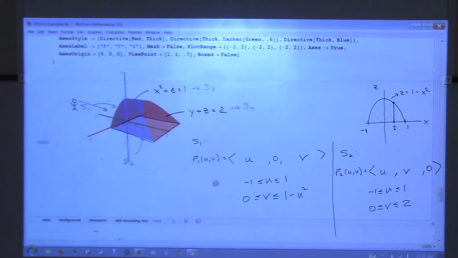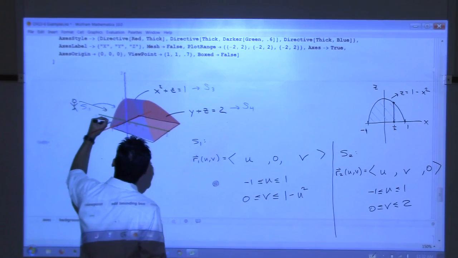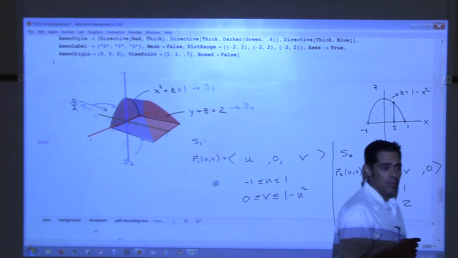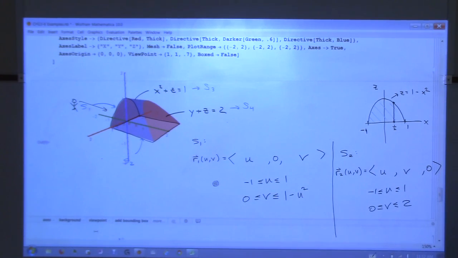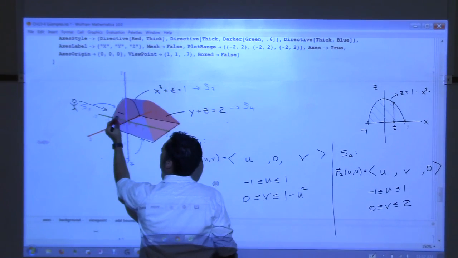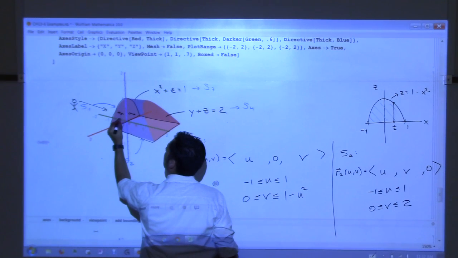While we're here looking at this, I would like for you to think about something. And again, this is for later. If I were to ask you on this back surface S1 what a normal vector would look like. Normal vectors, remember planes, what a normal vector is? If you're on S1, a normal vector would either point away or in, but it would be orthogonal to this little surface, wouldn't it?